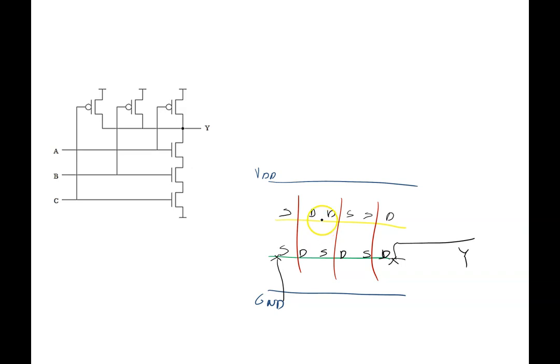Now all I have to do is take the drains and route to the output, and then here I have a contact, take it to VDD. So I'm finally done with the representation of a 3-input NAND gate. So you can easily see these 2 are in parallel, and that's also in parallel with the 2.